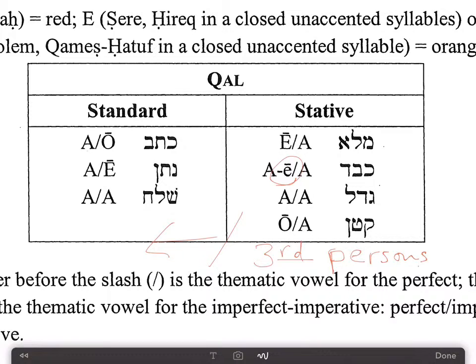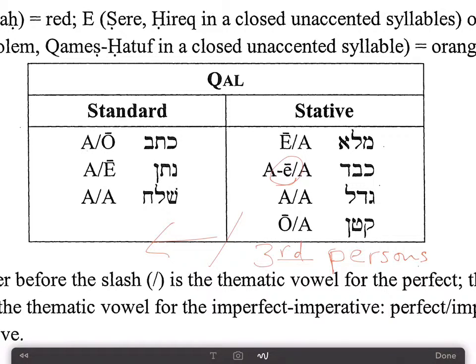I think there is a place in the textbook where Dr. Fuller limits that lowercase e to 3ms. The reason he does that is because that's the only place where you actually see the lowercase vowel. And I'll show you an example of that here in a minute.